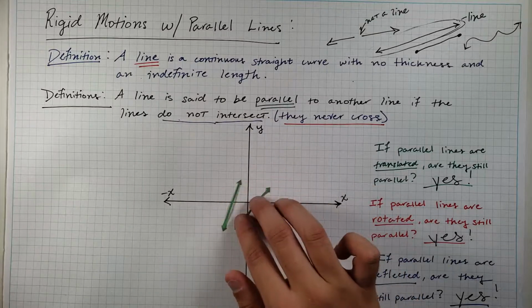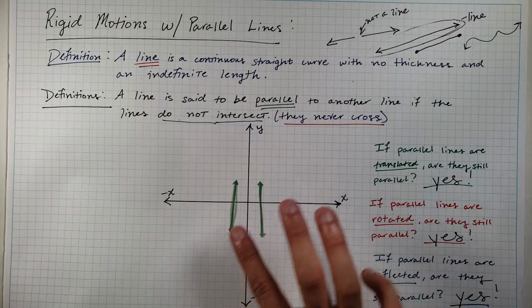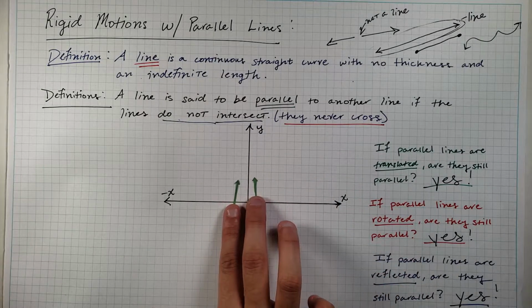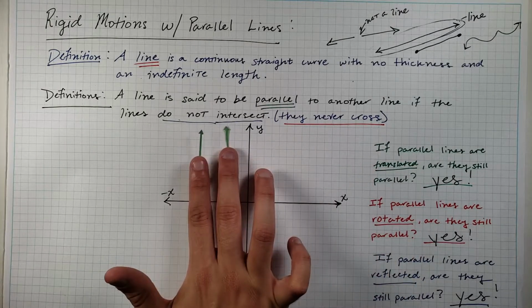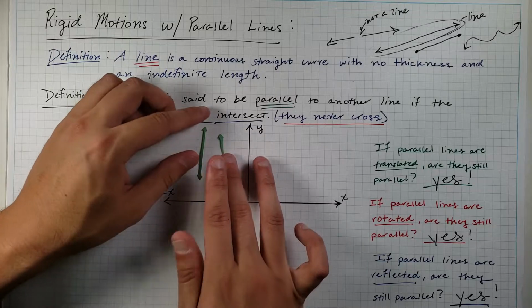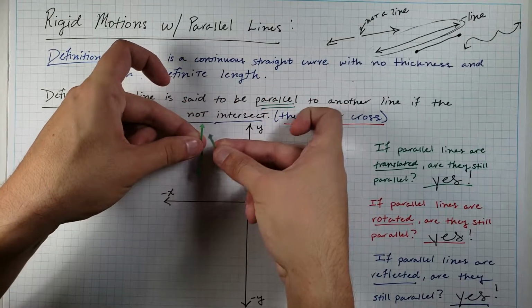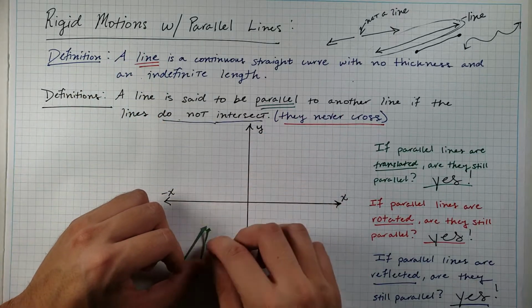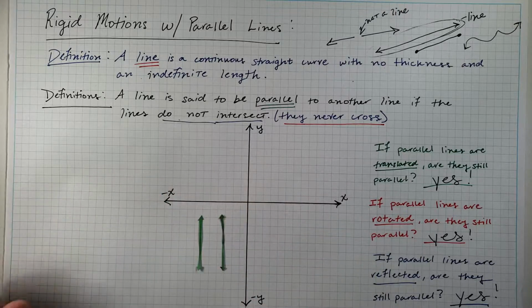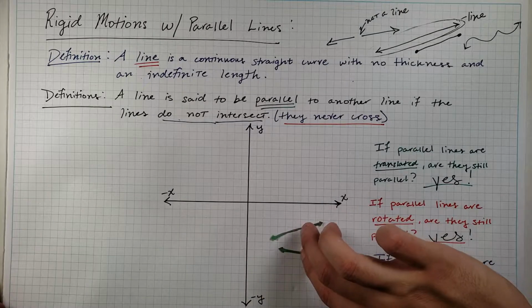In the upcoming videos, we're going to be doing some more examples of mixing it up and trying to make it sound complicated when it really isn't. It's more conceptual. For example, if I translate these parallel lines 50 units right, 100 units up, 75 units to the left, reflect them over the x-axis so they'll look like that, and then rotate 90 degrees, let's say counterclockwise about the origin, are they still parallel?